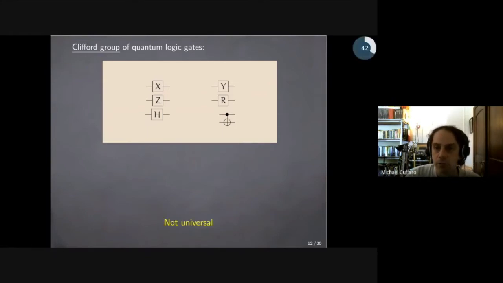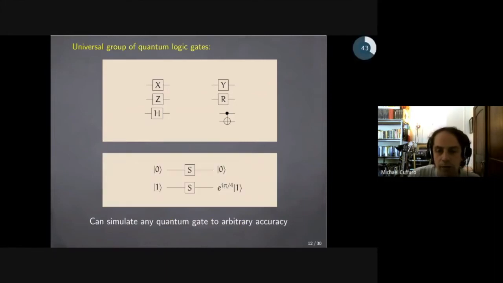This is not a universal set of quantum gates. It's close though, because we just need to add one more gate, and we do get a universal set. This is called the S gate. In some books, this will be referred to as the T gate, actually, but for various reasons, I want to call it S. The S gate introduces a phase factor when applied to 1.